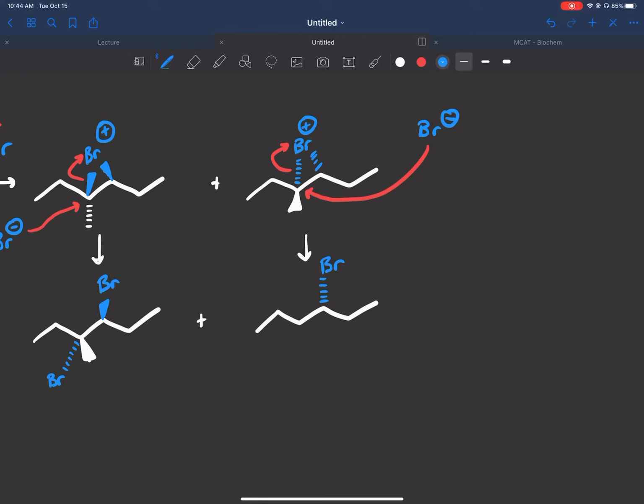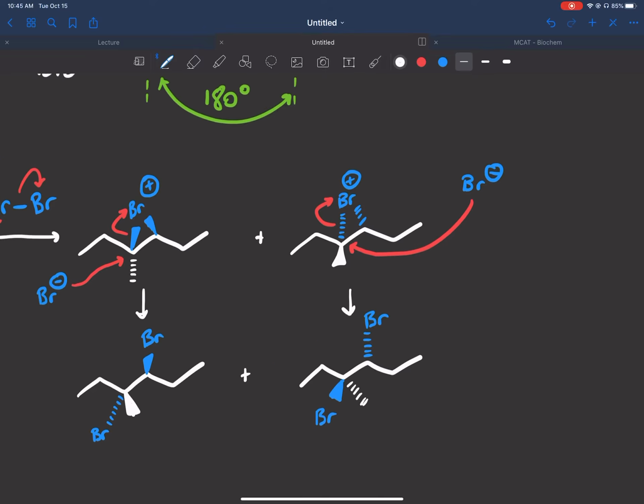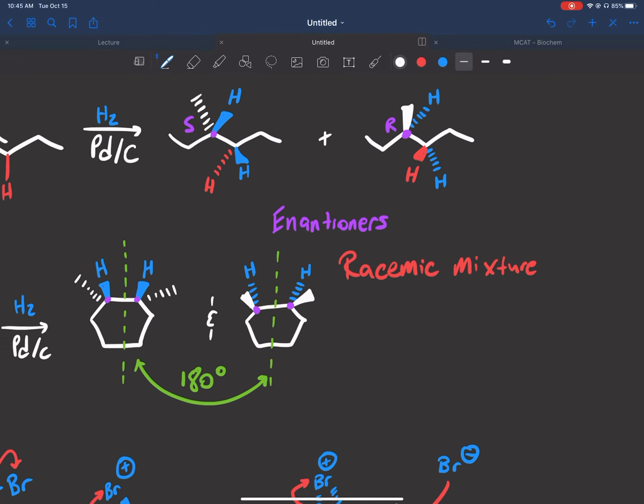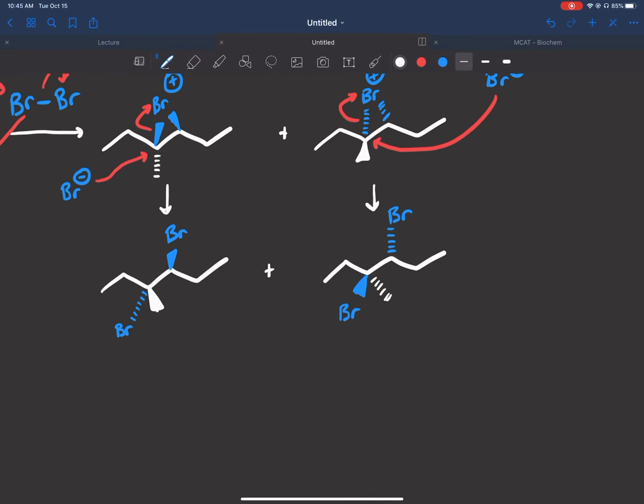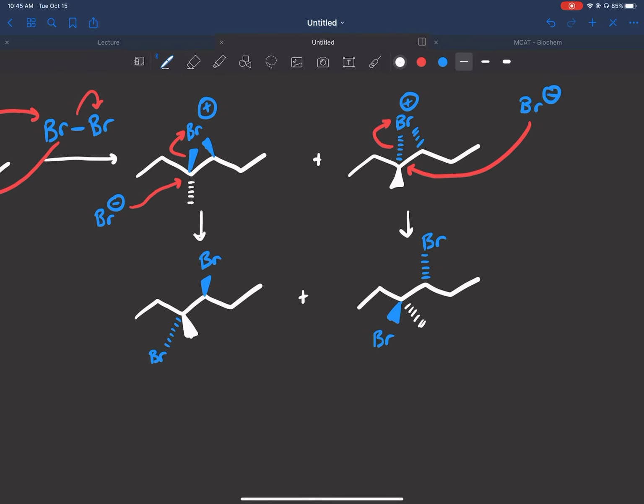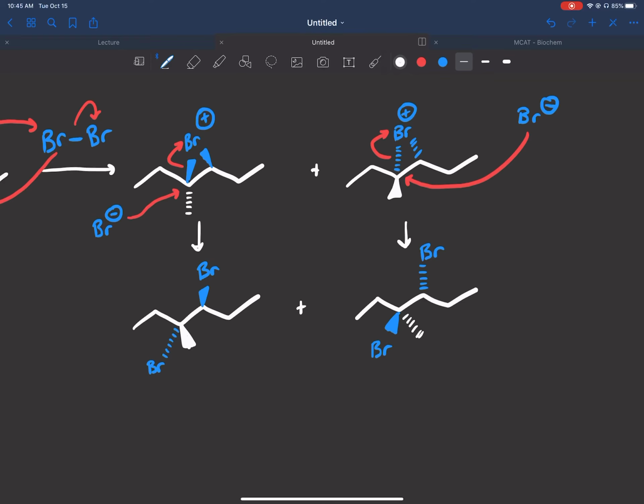Now this Br, that second one that added, is going to add wedged. And the methyl is going to be dashed. Okay? And so you can see that the Brs are not the same stereochemistry like we had here, where the hydrogens were either all wedged or all dashed. In this case, they're the opposite. One is going to be wedged, one is going to be dashed.